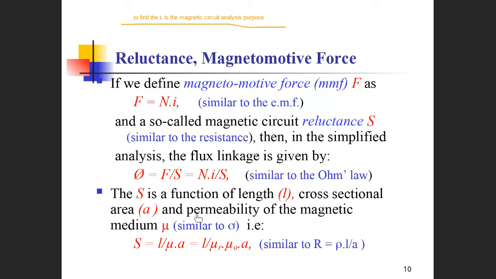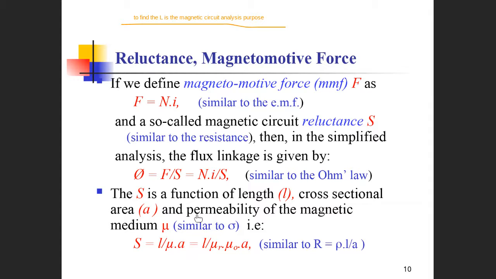Permeability is a parameter to represent the capability of the material to let the magnetic field go through. The bigger the permeability, the bigger the flux, therefore the smaller the reluctance.